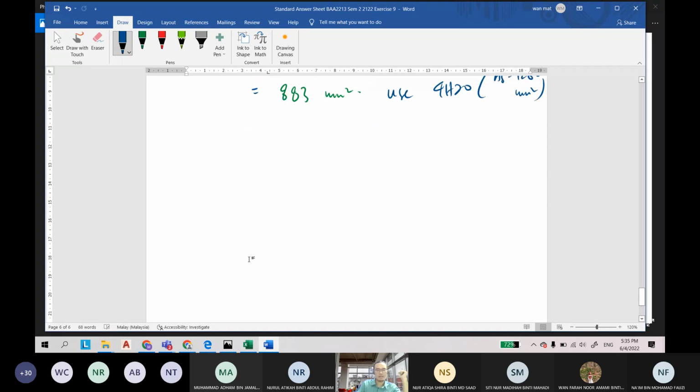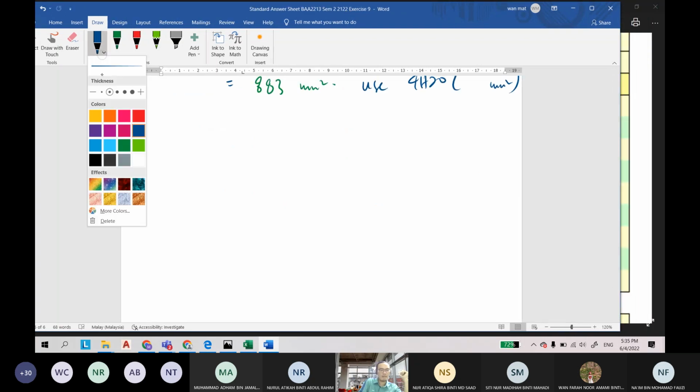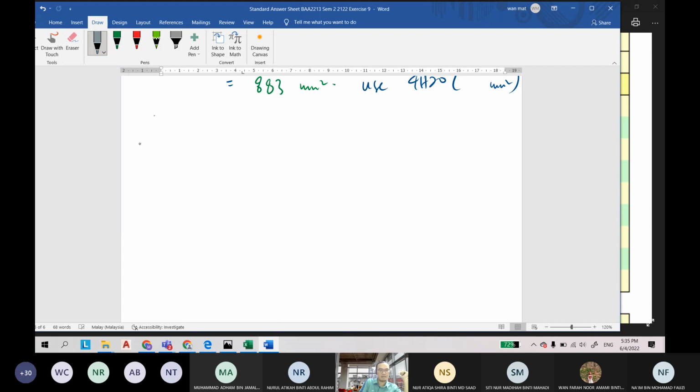Okay, so the detailing will be like this one. Just similar steps as in example 8. You just draw the concrete beam and concrete column as a support.